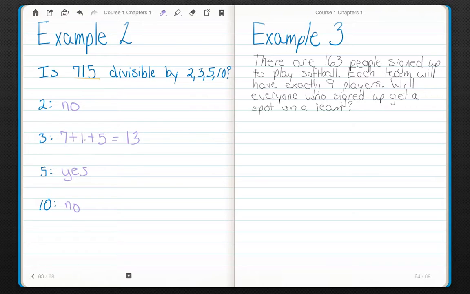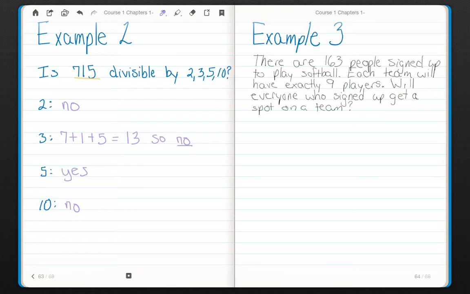But 7 plus 1 plus 5 equals 13, and 13 is not divisible by 3, so no, 715 is not evenly divisible by 3. Okay, this little trick is really handy because that will also help you with divisibility by 6. Because remember, 6 is divisible by 2 and by 3.